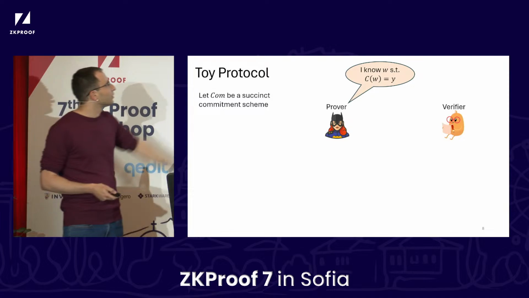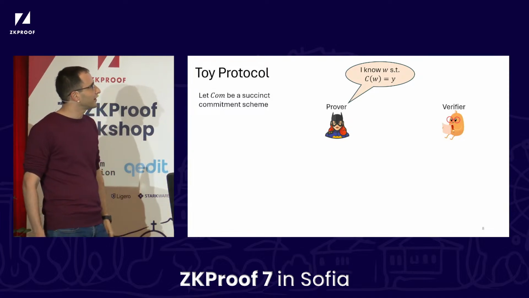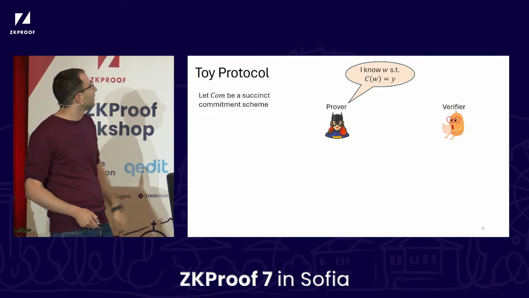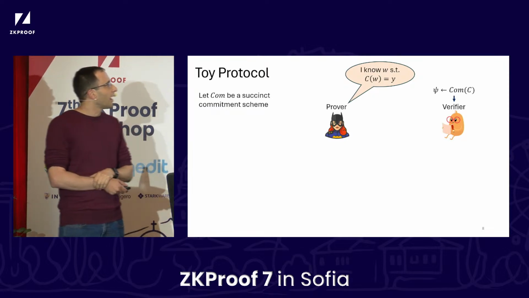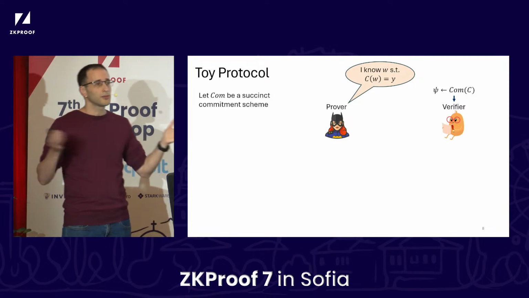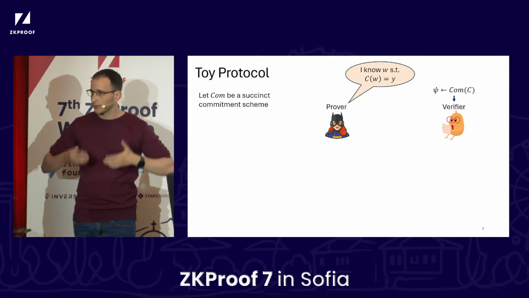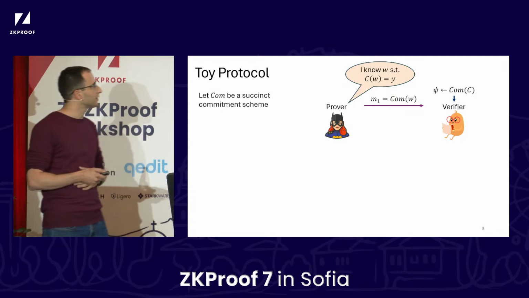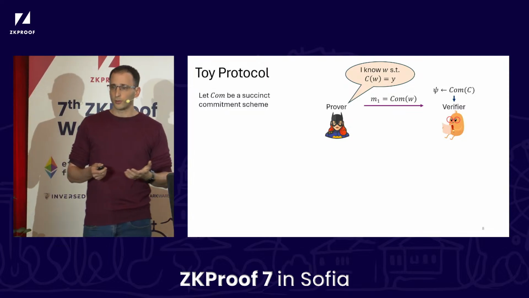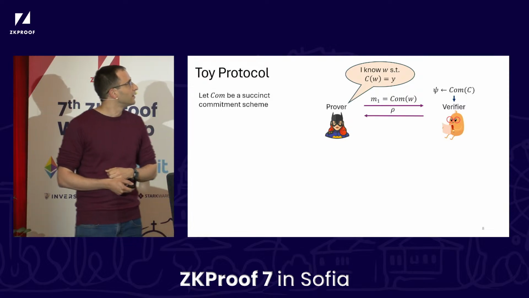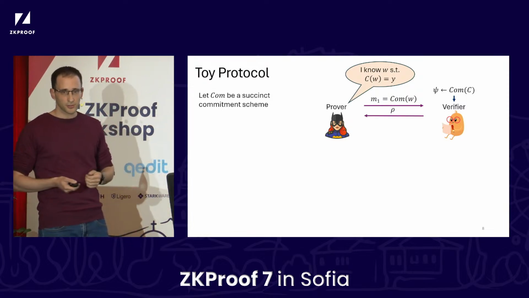Okay, so here's our prover and here's our verifier. And we're going to have some commitment scheme, okay? And the digest of the circuit is just going to be a commitment to the circuit, okay? So this is what the verifier gets, just a commitment to the circuit. The prover is going to send M1, which is just a commitment to the witness, okay? The verifier is going to send some randomness rho.